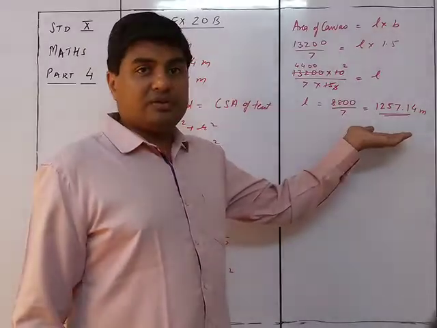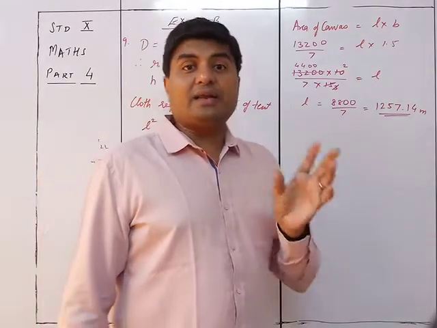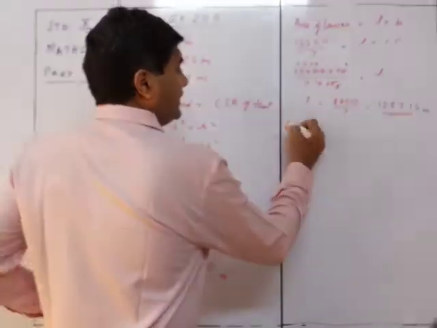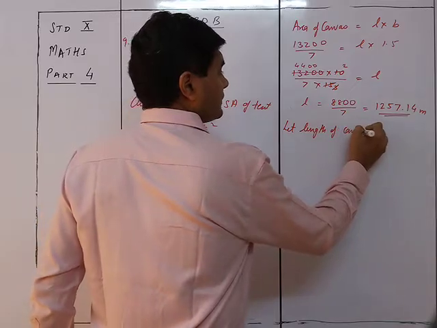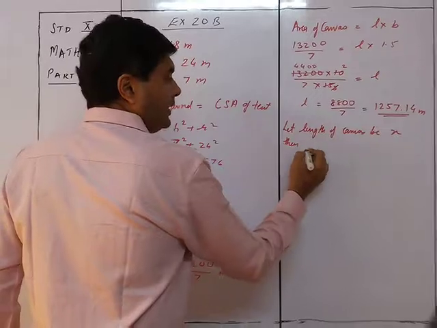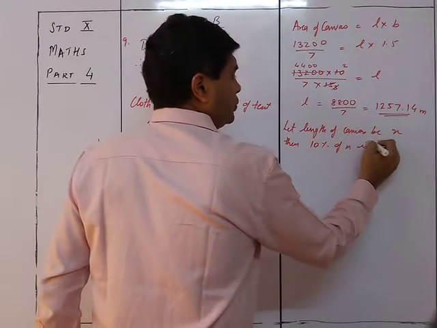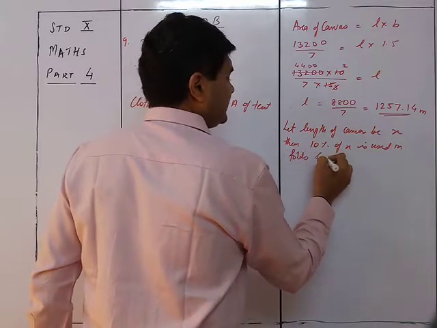This is not the canvas. This is the tent. So if we consider, let the length of canvas be x, then 10% of x is used in folds and stitches.